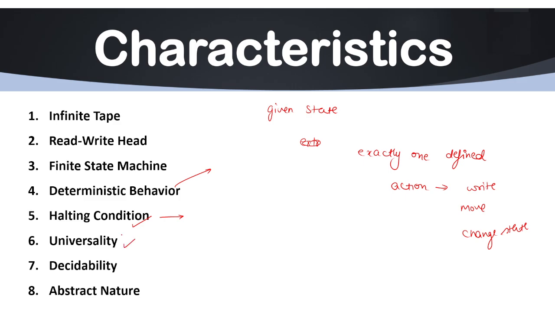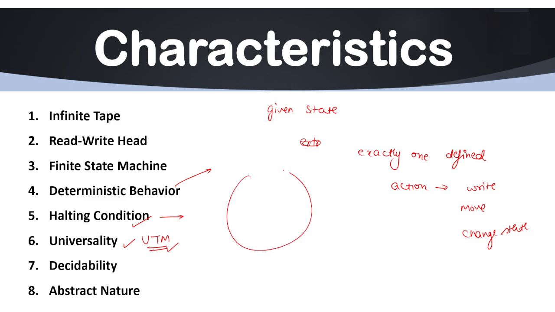We can say it as Universal Turing Machine, UTM. Turing showed that there is a special kind of Turing machine called Universal Turing Machine, which can simulate any other Turing machine.